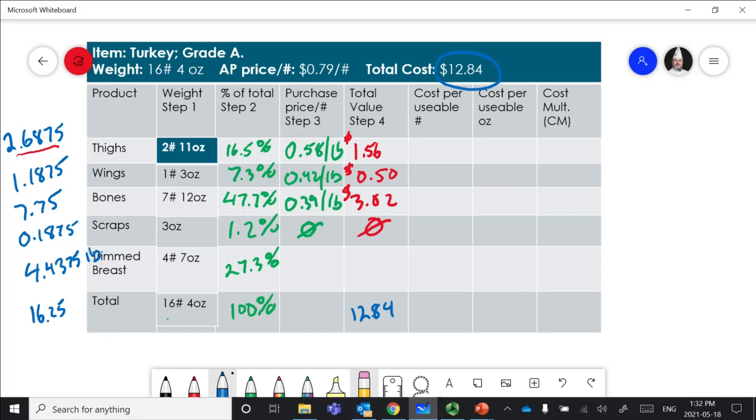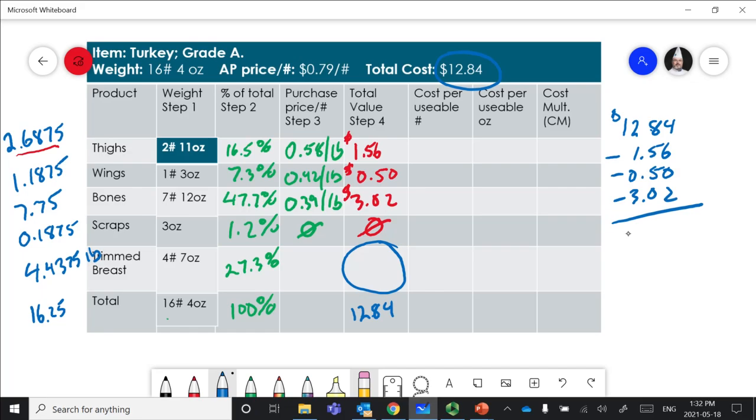So $1.56 plus 50 cents plus $3.02 plus what gives us $12.84? Well, we can take our $12.84, subtract our $1.56, subtract our 50 cents, subtract our $3.02, and we're going to end up with $7.76.